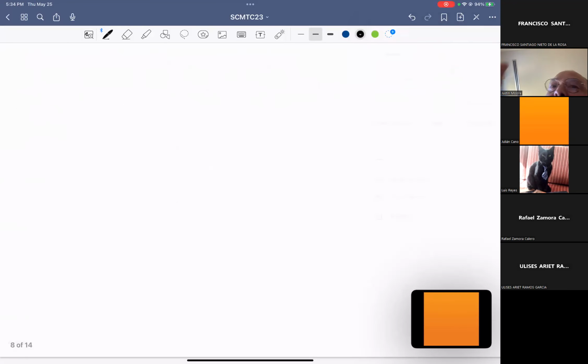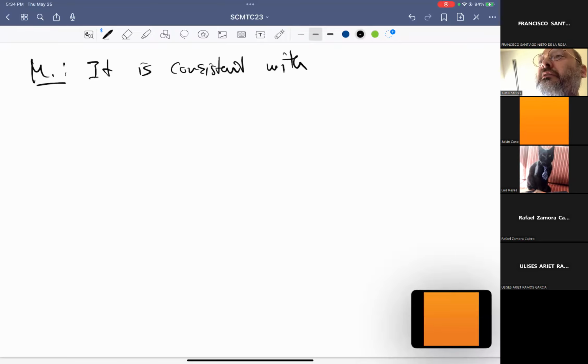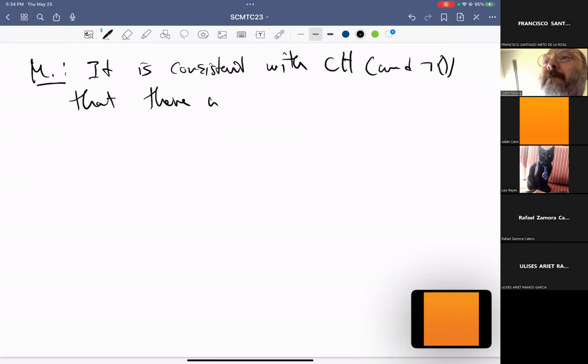Separately, I proved, this was around 2007, 2008, something like that, I think it was published around 2008 but maybe proved a bit earlier, that it is consistent with CH and not diamond that there are no minimal Ehrenfeucht lines.